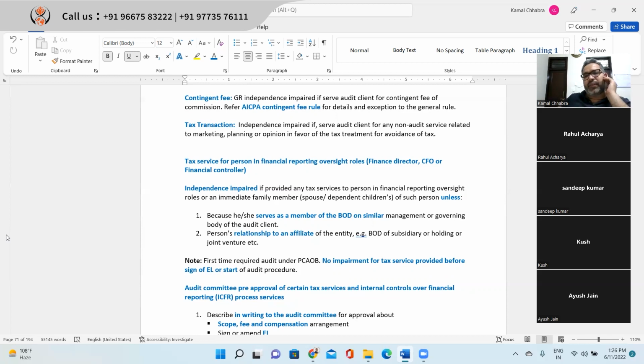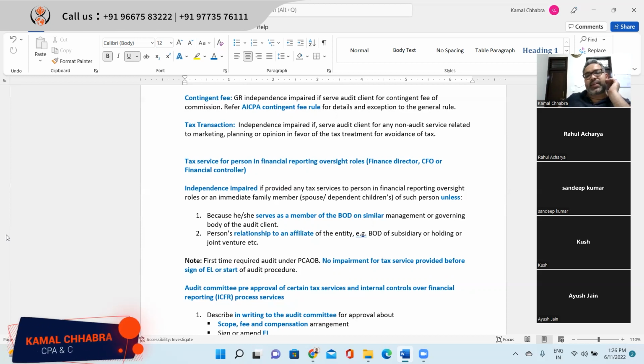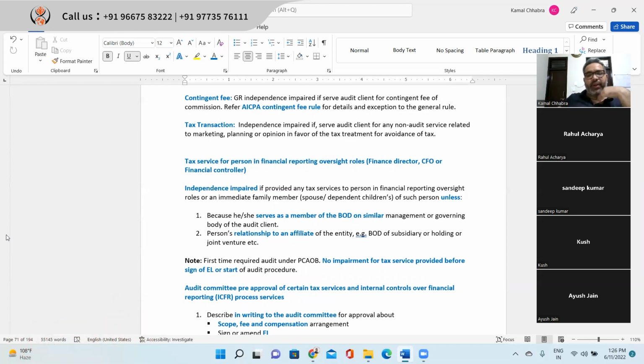The AICPA contingent fee rule and its exceptions apply to the PCAOB rule as well. Next is tax transactions or tax advisory. In the same way, the general rule is that independence is impaired when you provide tax services, but there are certain exceptions to the general rule in the AICPA independence rules. The same applies for the PCAOB as well, right?